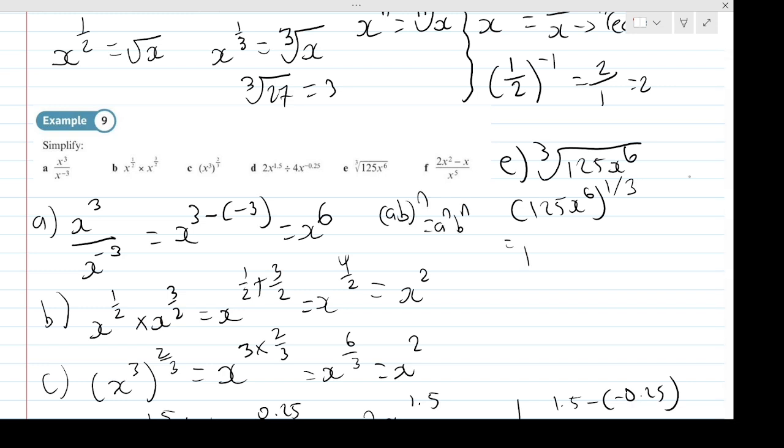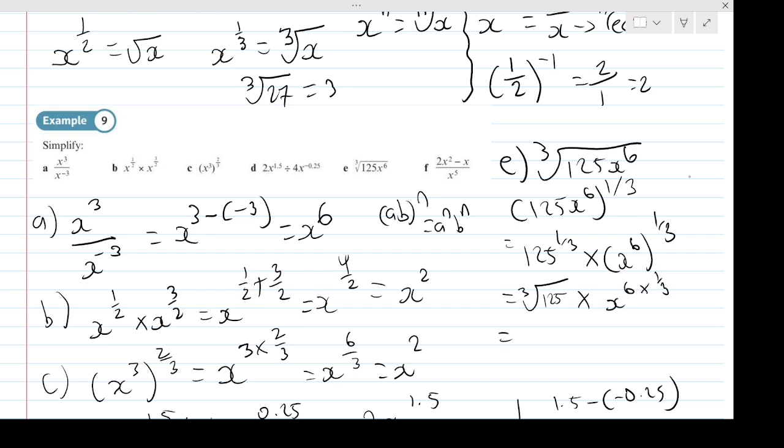So then this will say 125 to a third, and then x to the 6 to the power of a third. Well, 125 to a third, again, that's the cube root of 125. And then x to the sixth to the power of a third, again, we can times the powers because we have a bracket always by power. So x to the sixth times a third.